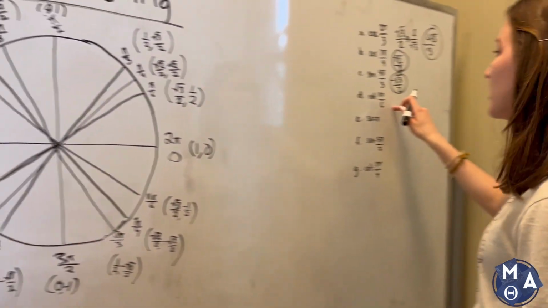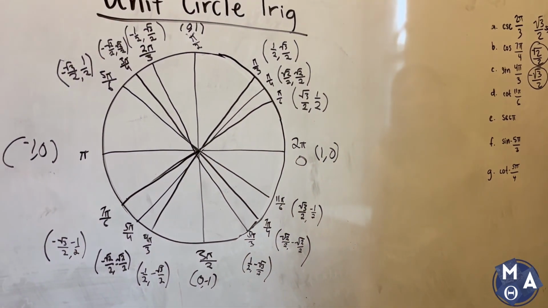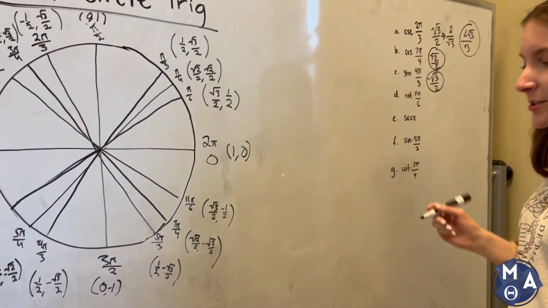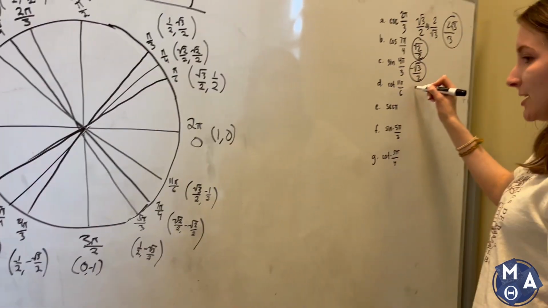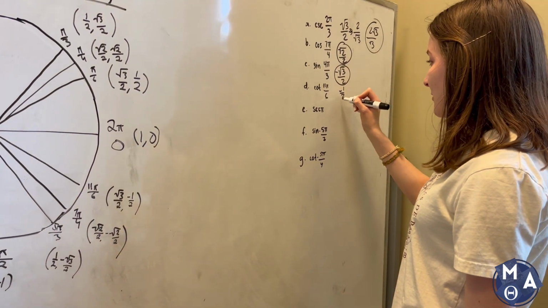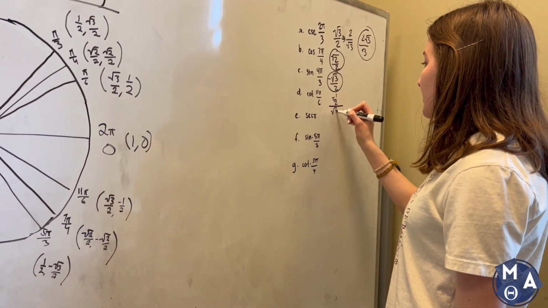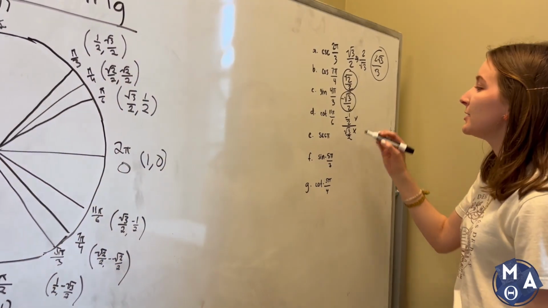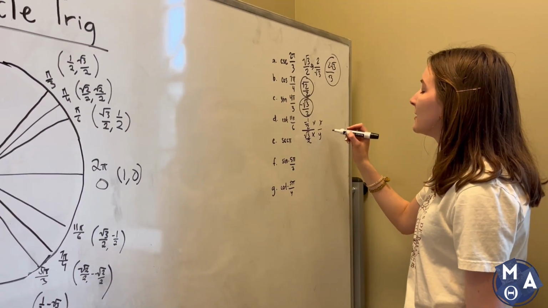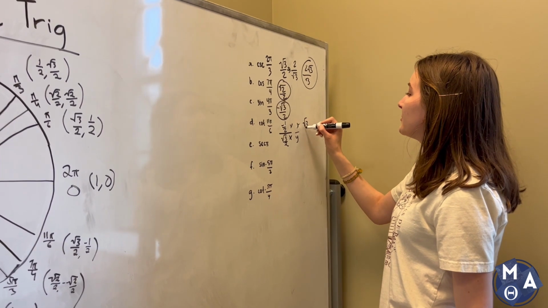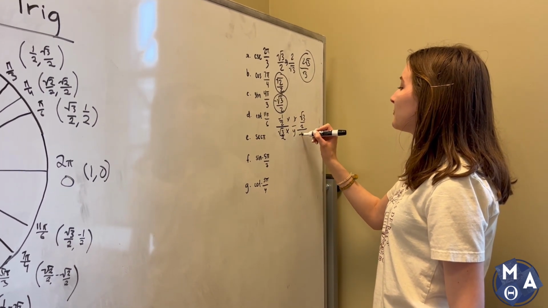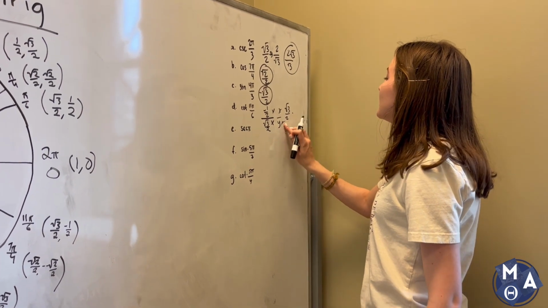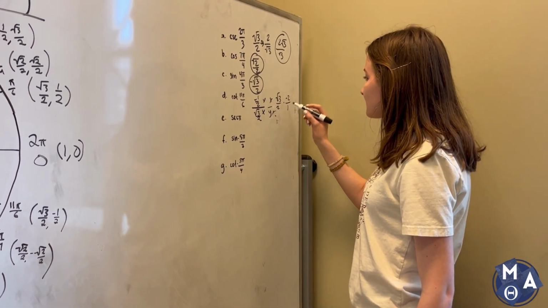Alright, and then we have cotangent of 1 pi over 6. We need to find initially what is the tangent of 1 pi over 6. So our tangent is going to be negative 1/2 over root 3 over 2. That's y over x, but for cotangent it's x over y, so that's going to be root 3 over 2 over negative 1/2, which is the same as root 3 over 2 times negative 2 over 1.